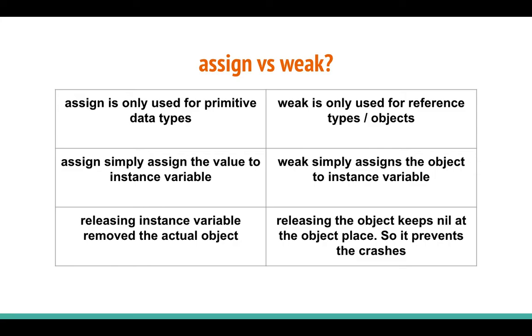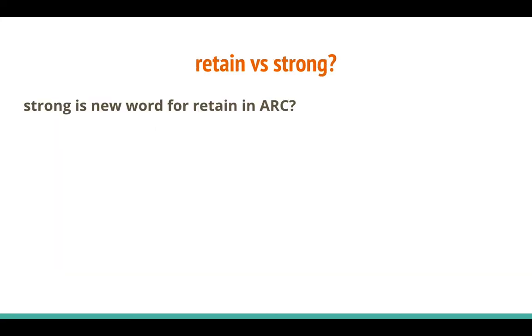According to assign, releasing the instance variable removes the actual object, but with weak, releasing the object keeps nil at the object place. So it prevents crashes for the weak reference type.